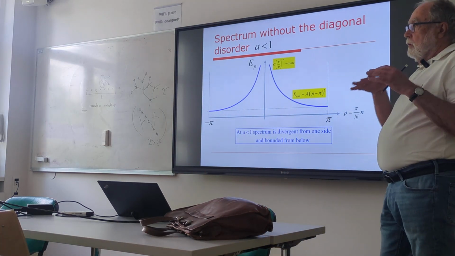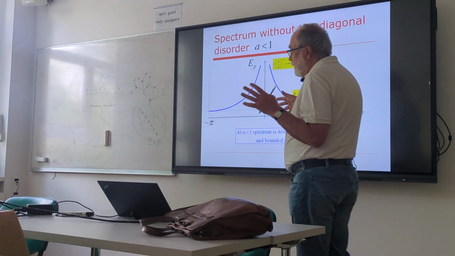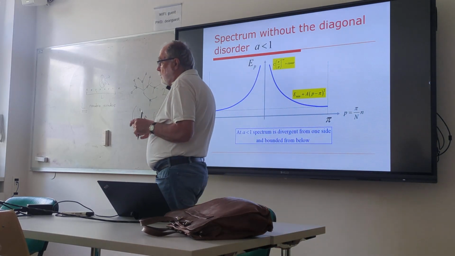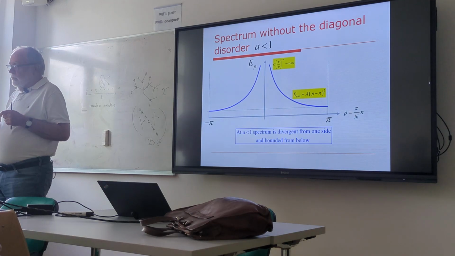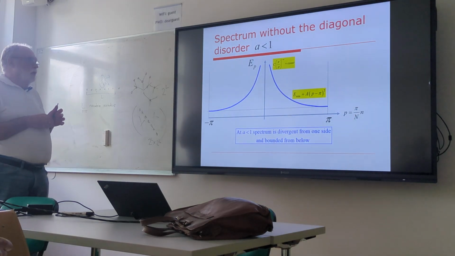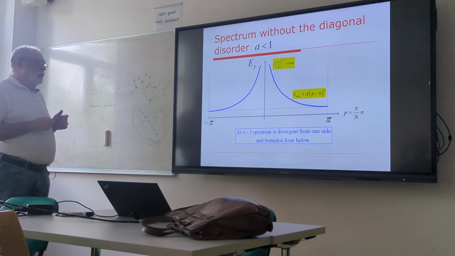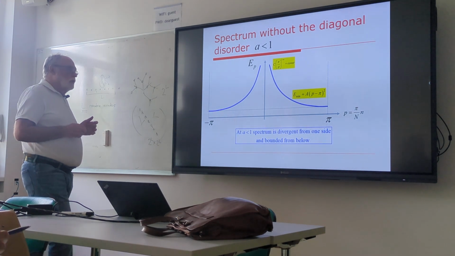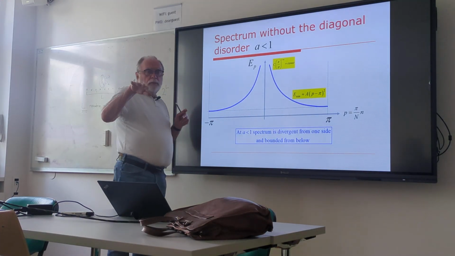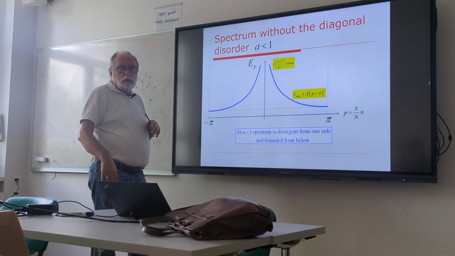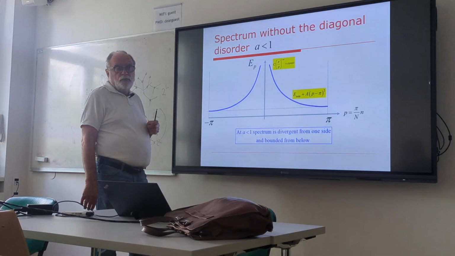So when the off-diagonal matrix elements are a power of the distance from the diagonal, or of n minus m, they are deterministic. So first, what one can do is forget about diagonal disorder and compute the spectrum.